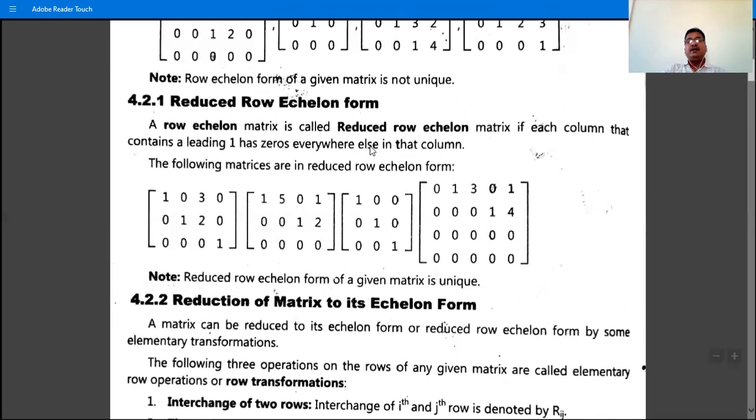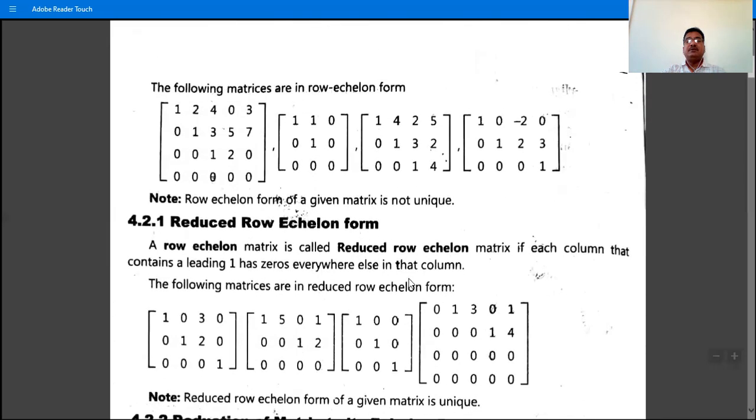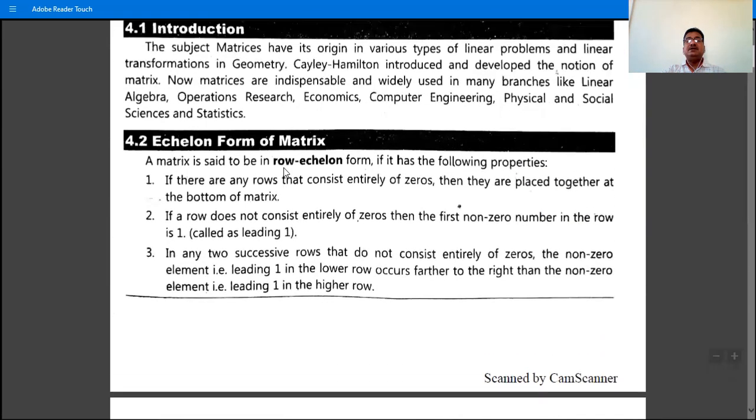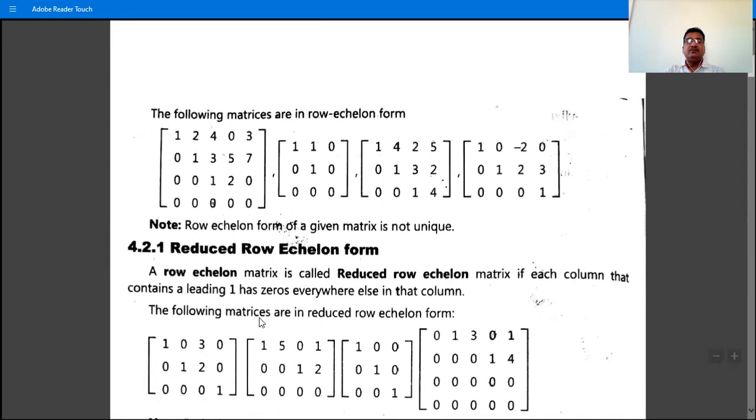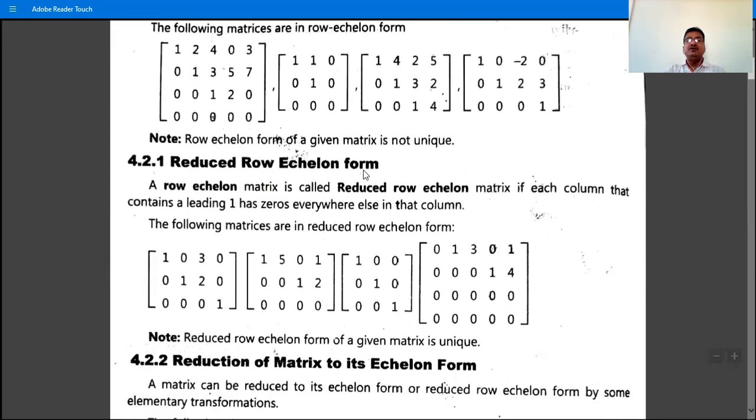if each column that contains a leading one has zeros everywhere else in that column. So if this additional condition is satisfied, this is, suppose, the fourth condition. If these three conditions plus this one condition, these four conditions, are satisfied by the matrix, then we say the matrix is in reduced row echelon form.